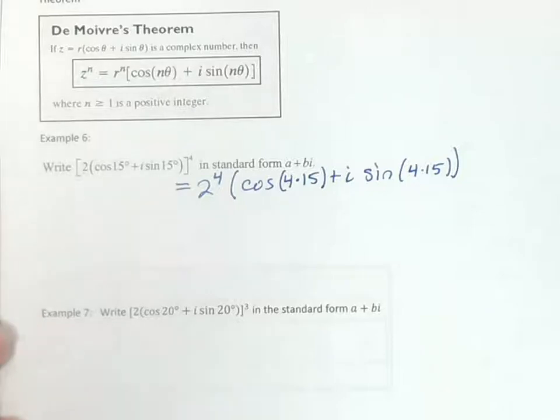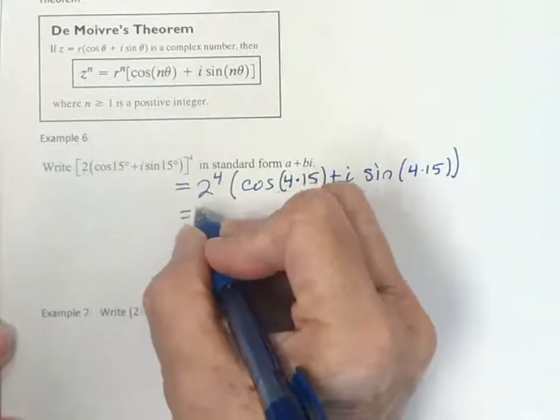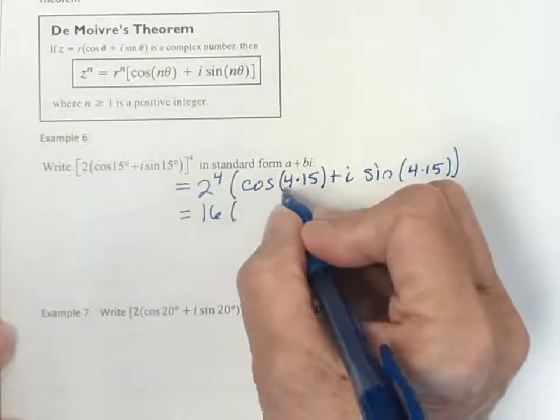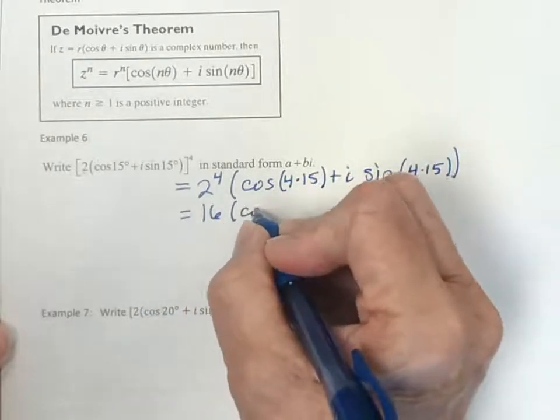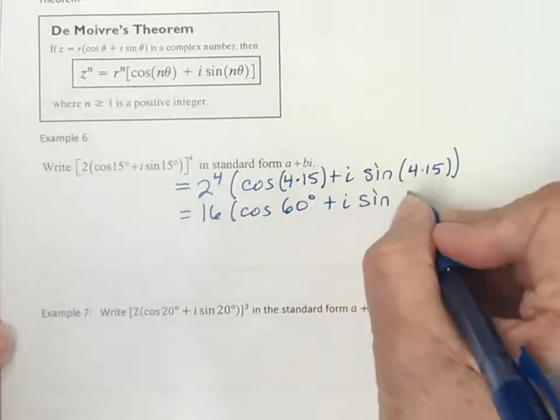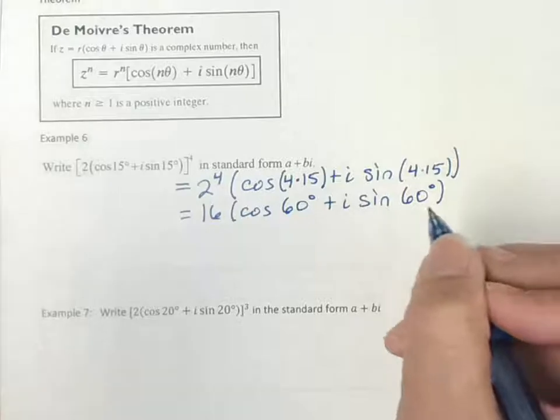And now we just want to simplify this. Okay, 2 to the fourth power is 16. This is cosine of 4 times 15, that's 60 degrees, plus I sine of 60 degrees.